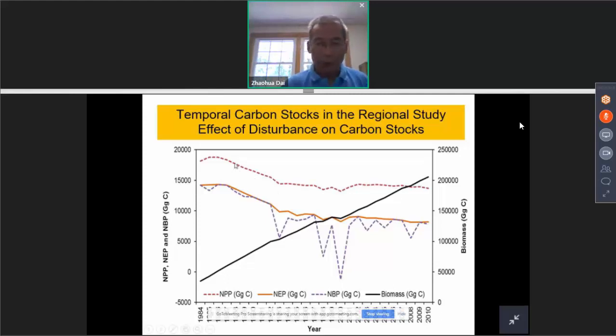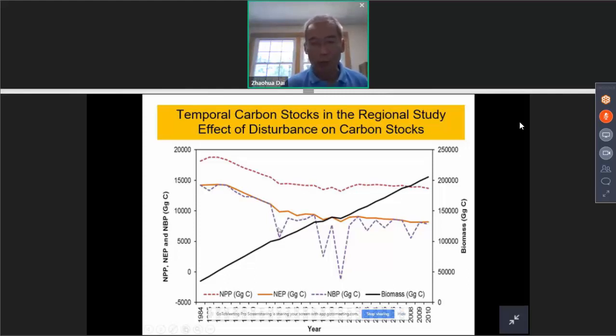NPP is the same, only in the 1980s it was the highest and then became lower. That is related to many things. NPP depends on the climate and on disturbances, and this is the NEP. Of course, if NPP is low, NEP is low.